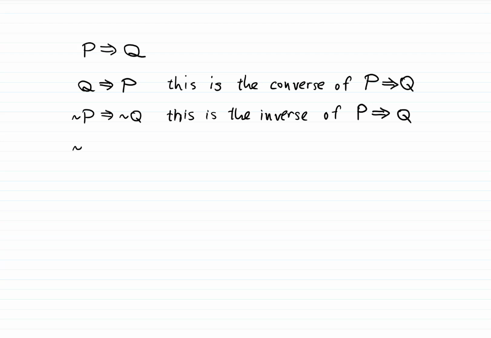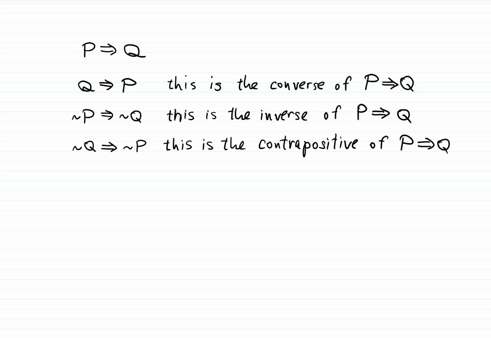If you say not Q implies not P, that's called the contrapositive of P implies Q. So I would like you to know those three words: converse, inverse, contrapositive.